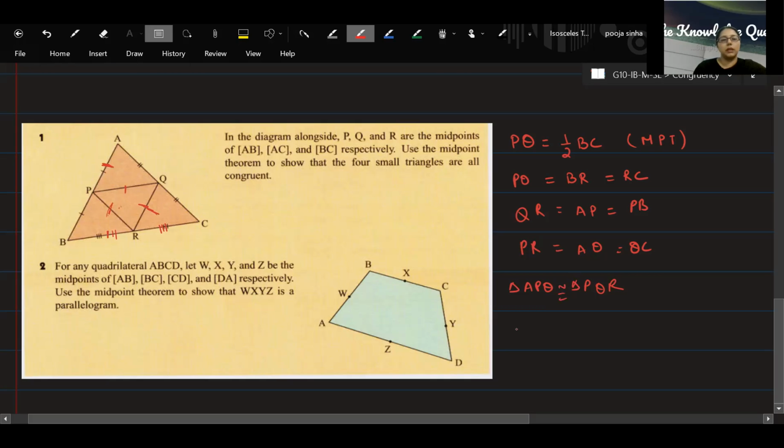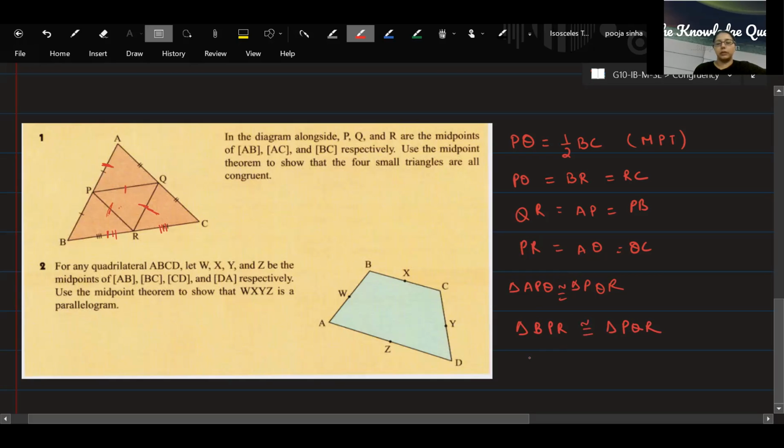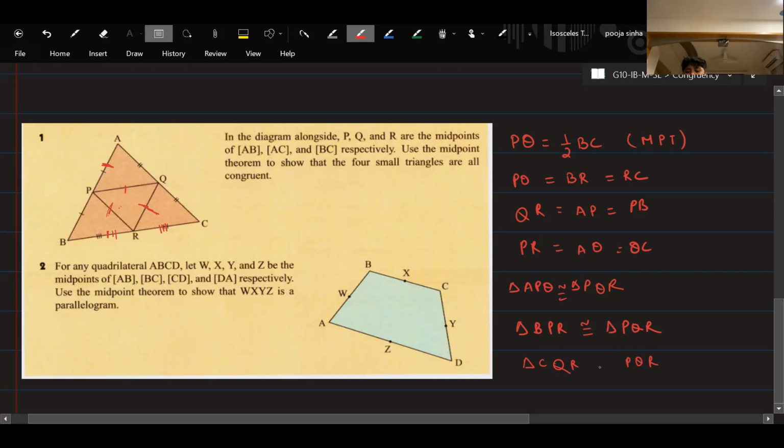Now let's talk about triangle BPR and triangle PQR. Miss, won't it be the same? It'll be the same, right? Yeah. This is also congruent to this. What about triangle CQR and PQR? Again, same thing.